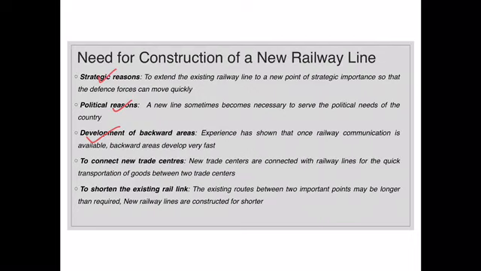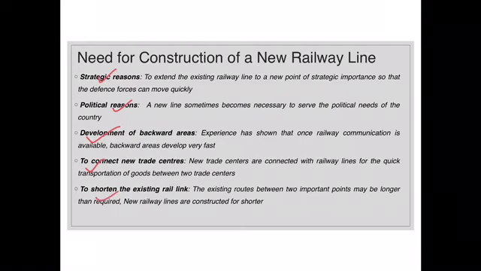Also, it may be required to connect two new trade centers, where industries might have been established, so we can quickly transport goods between them. So for any newly developed trade center, you can go for the construction of a new railway network.